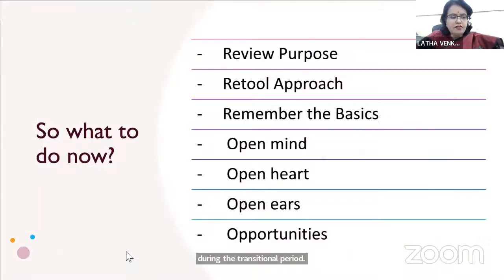So what to do now? We have seen how we reacted to the pandemic and how we explored the opportunities and how we have refined ourselves to deliver quality teaching learning experience. So what to do now? What is next?